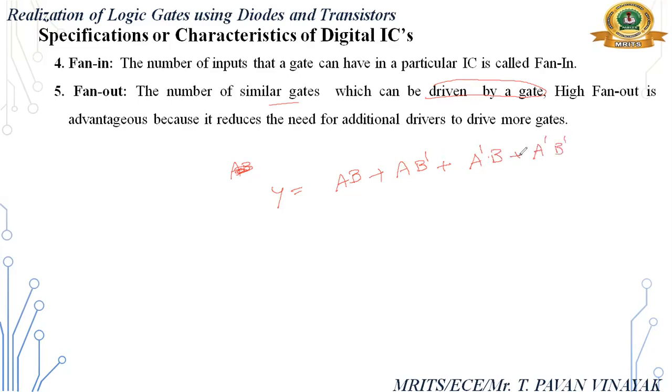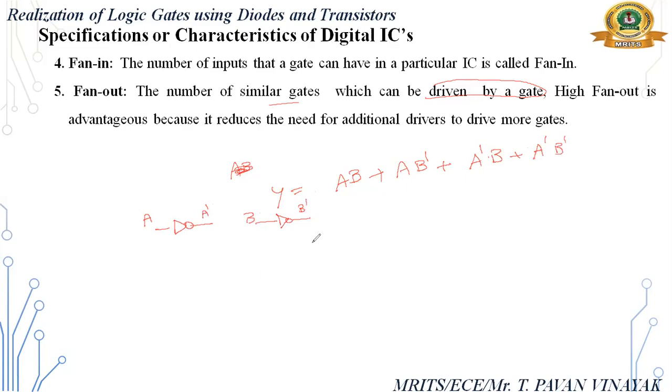How do we draw this circuit? I am taking one NOT gate, this is A, this is A bar. Again, I am taking one NOT gate, this is B, this is B bar.